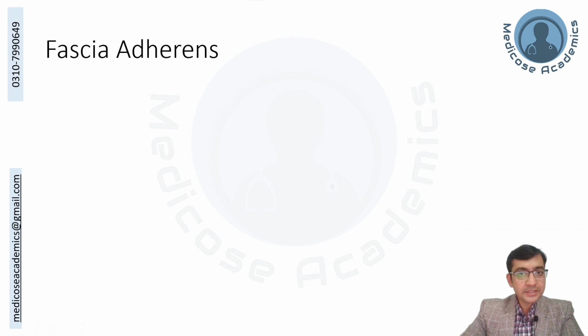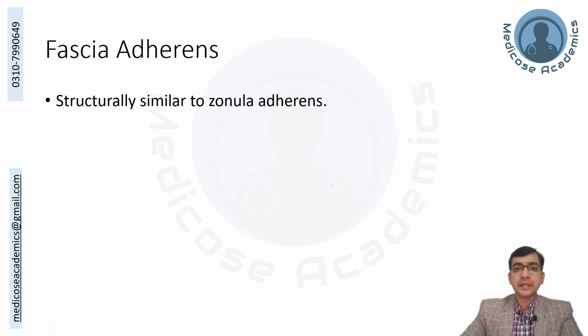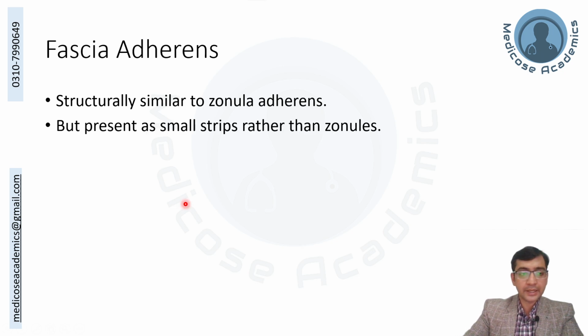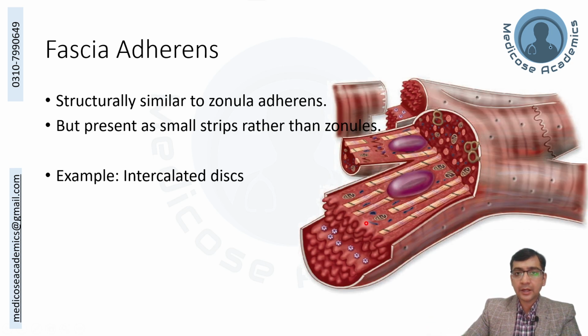Then there is fascia adherens. Just as fascia occludens is to zonula occludens, fascia adherens is to zonula adherens. It has a structure similar to zonula adherens, but it is present as small strips rather than a complete zonule surrounding the cell. A good example of it is the presence of fascia adherens in intercalated discs in the cardiomyocytes.